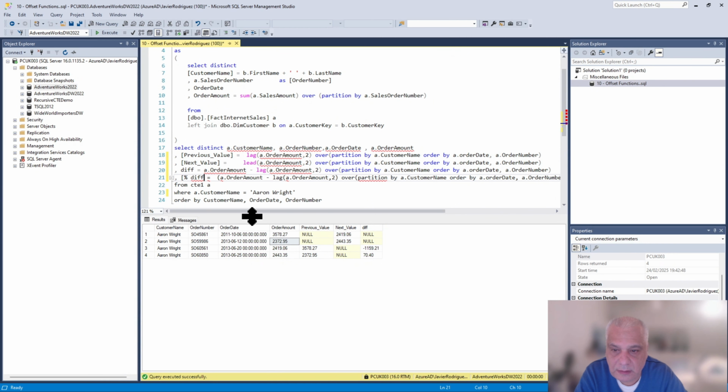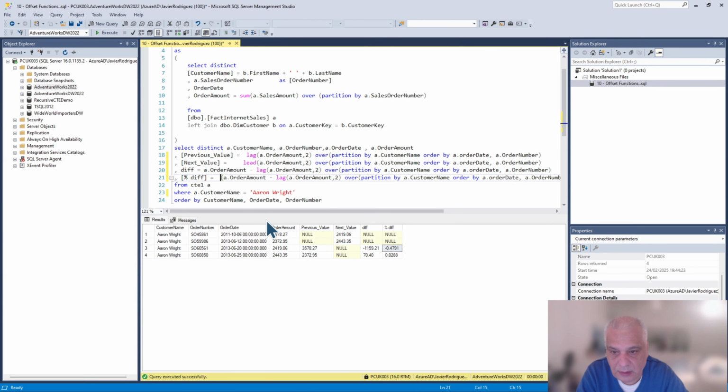Let's put a bracket. Here we go. And we have the difference percentage of the increase. In this case, it is almost 40%.